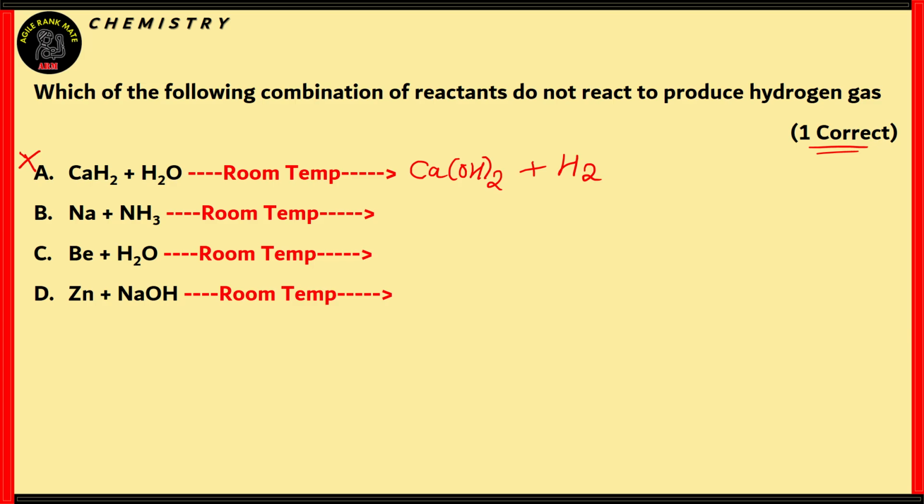Now option B, Na plus NH3 reacts to give NaNH2 plus H2.